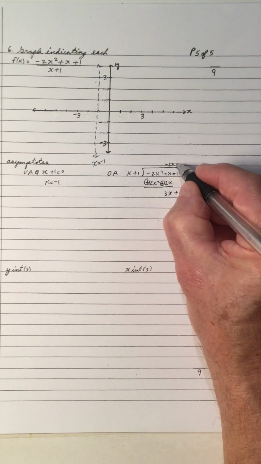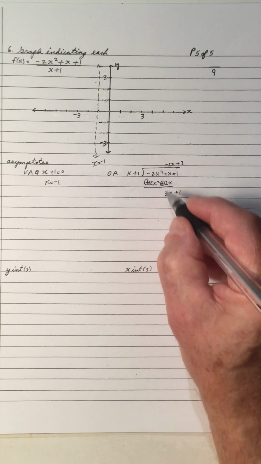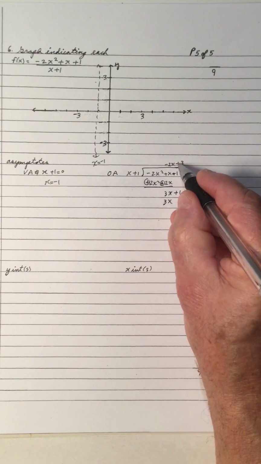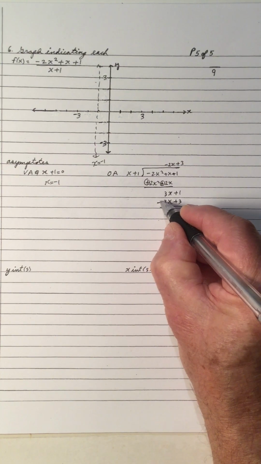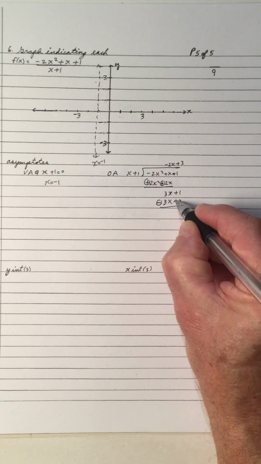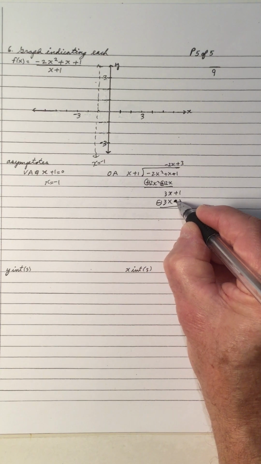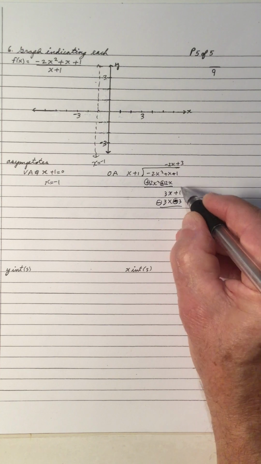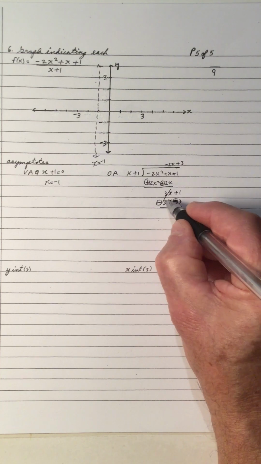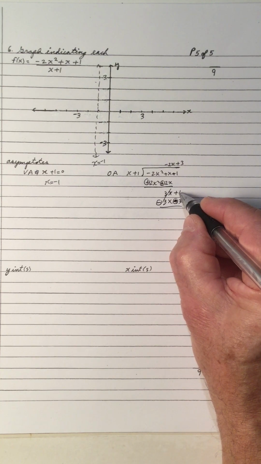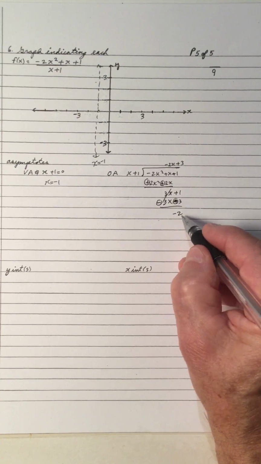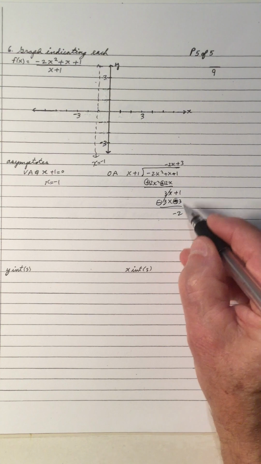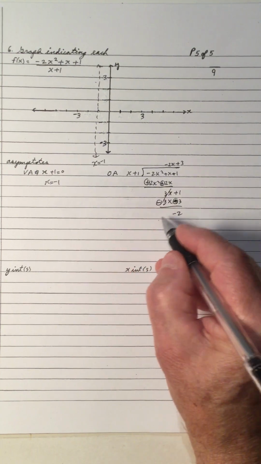X into 3x is +3. Multiply back, you get 3x, +3. That's a plus, we make it a minus. That's a plus, we make it a minus. +3 minus 3 cancels out. And 1 minus 3 is -2. So, because this remainder is -2, that means that this is not a factor.